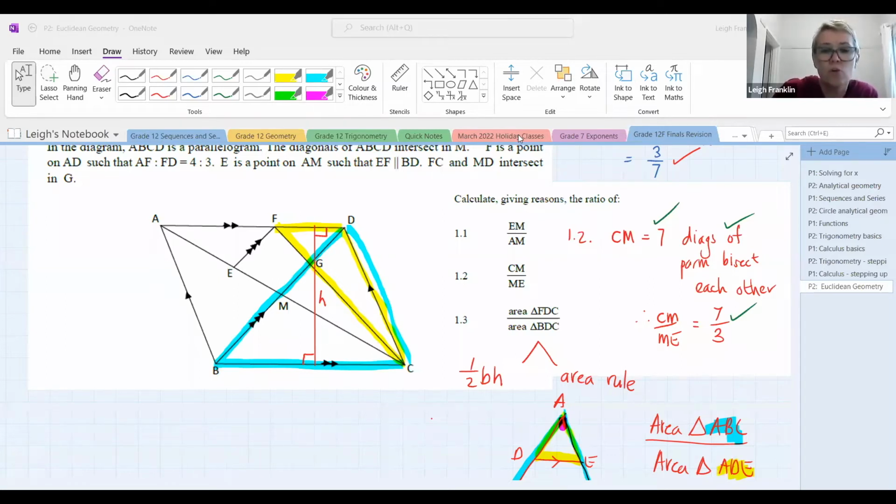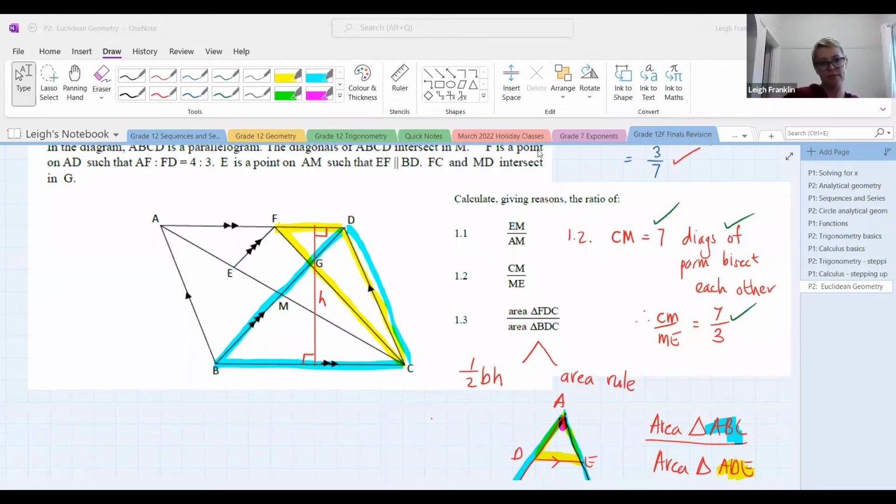In other words, when lines are parallel, the distance between them remains constant. So the distance between AD and BC is the same for both triangles. If we consider FD the base of the yellow triangle, then C lies on the same horizontal as the perpendicular height.